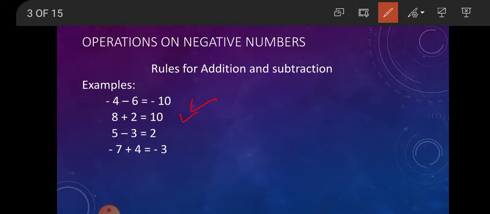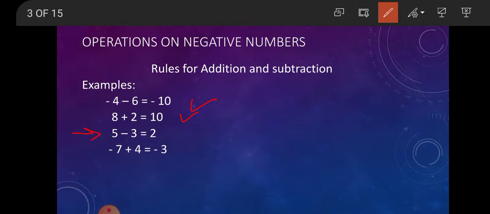Now let's have a look at the third example, which is 5 minus 3. This will be simplified as 2, because here we have to apply the rule for numbers with opposite signs. 5 carries a positive sign, which always comes before the number, and the second one is with a negative sign. So one carries a positive and the other carries a negative sign.